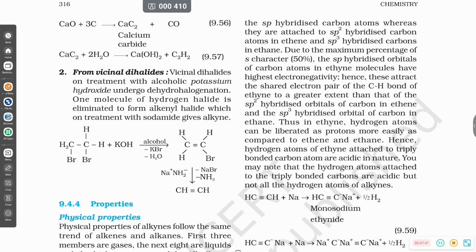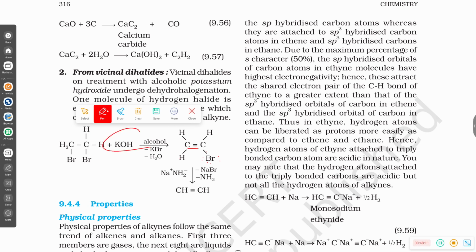First, alcoholic KOH. You know, alcoholic KOH causes elimination. Elimination means one H and one Br are removed. It is forming like this. But it is highly stable. The reason is here. You see now here, bromine, what is there? Lone pair. Lone pair, single, double. Resonance. So this bond has partial double bond character. Because see now, H and Br are removed, the double bond will form again.